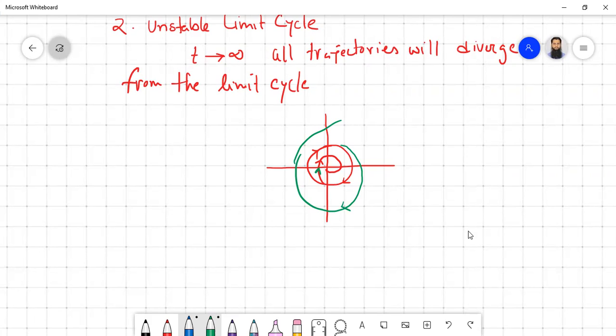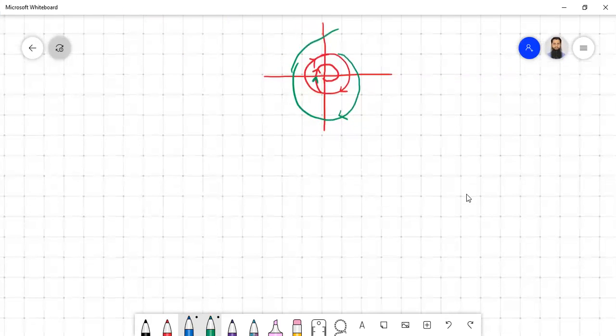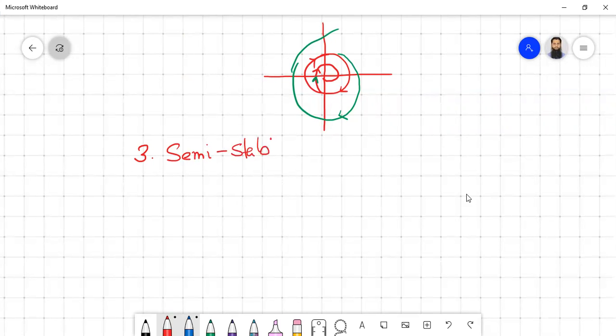And there is another one that is called semi-stable limit cycle. The third one. Okay, so in one end it will be diverging, and in one end it will be converging.